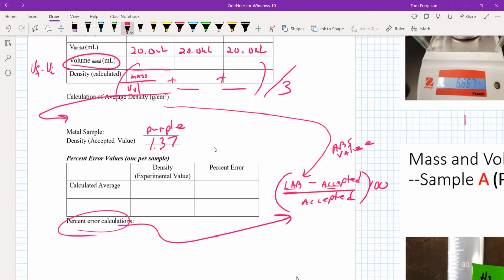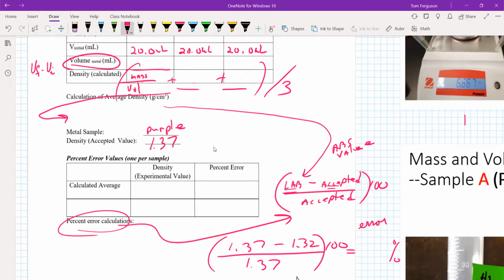So your value may be, average is like 1.32. Let's say yours was 1.32. So you'd say 1.37 minus 1.32, all over 1.37 times 100. So what would that be?